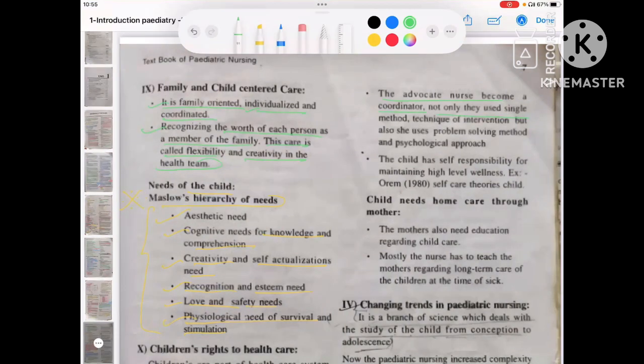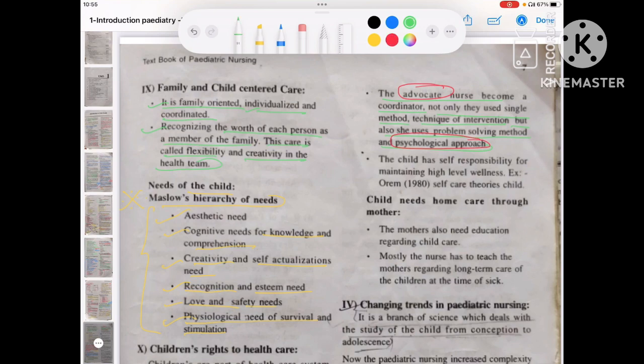Not only does she use a single technique for intervention, but also the problem-solving method and psychological approach. As I said, the nurse has to be an advocate and a psychologist to give the psychological approach. As an advocate, she advises and tells the family what is coming, what methods and procedures can be used.